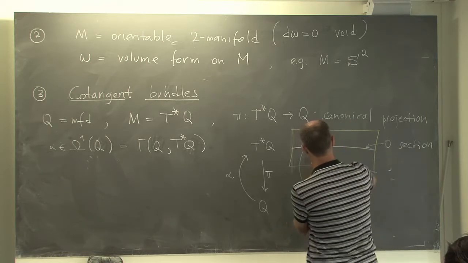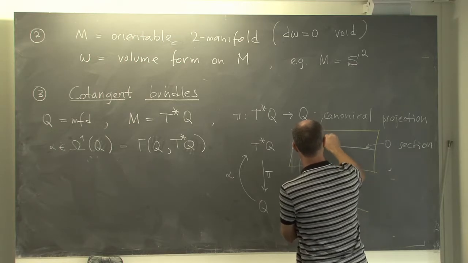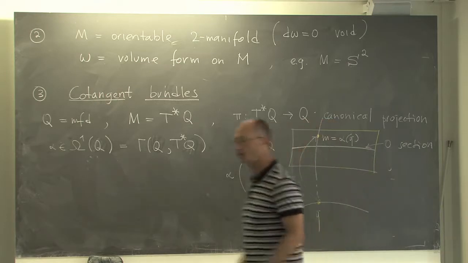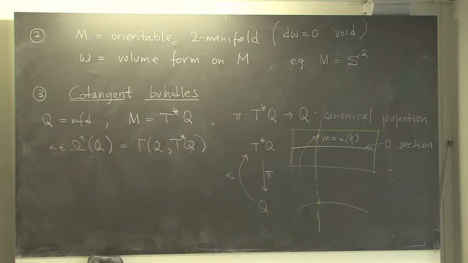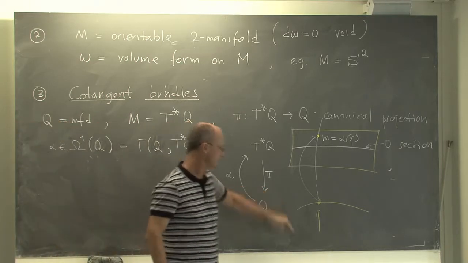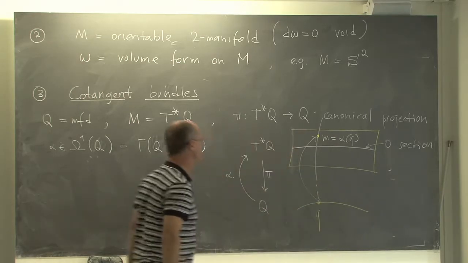And here is somewhere the image of this point, m equals alpha of q. So we can think of alpha as a differential form, but we can also think of it geometrically as a map from the base to the total space of the cotangent bundle.